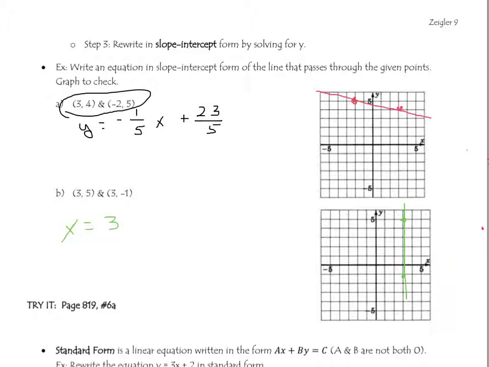Because the slope is undefined, that's the way to say that. And when the slope is undefined, you have x equals a number, and obviously you can see that that number is 3, or you can look at the graph and count over and see that x is 3 everywhere on that graph. So you try on page 819, number 6A.